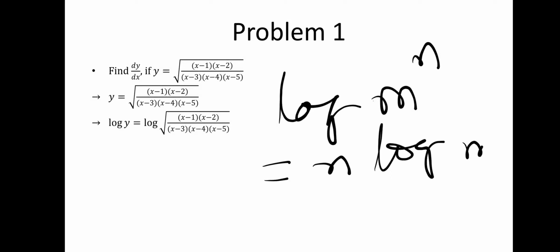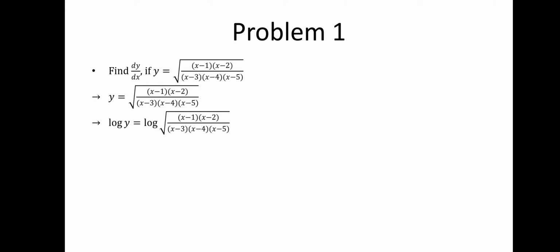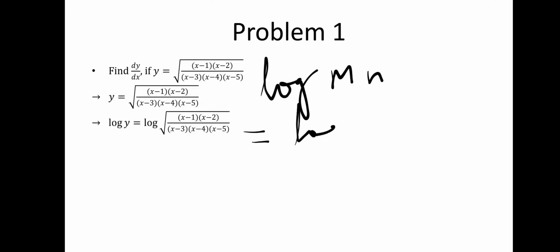This is one property. This is the first property we need to keep in our mind. The next property is log of mn equals log of m plus log of n.